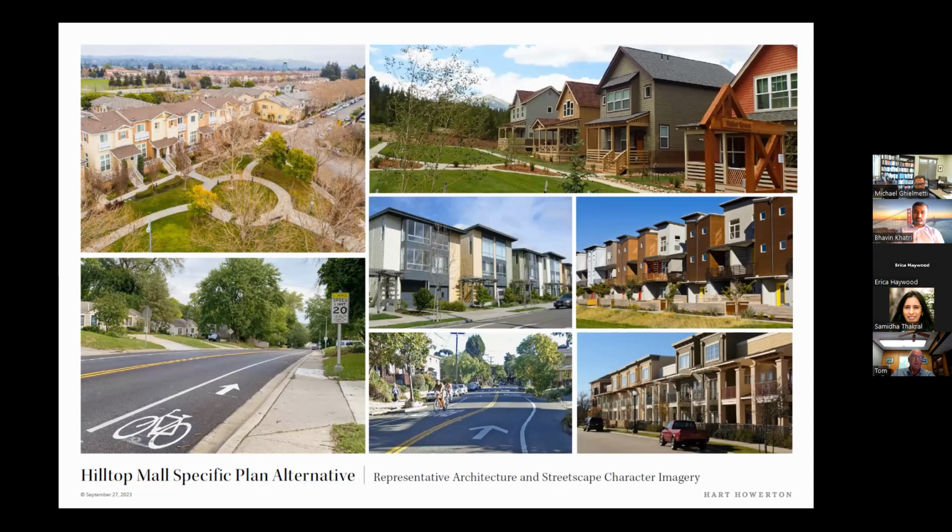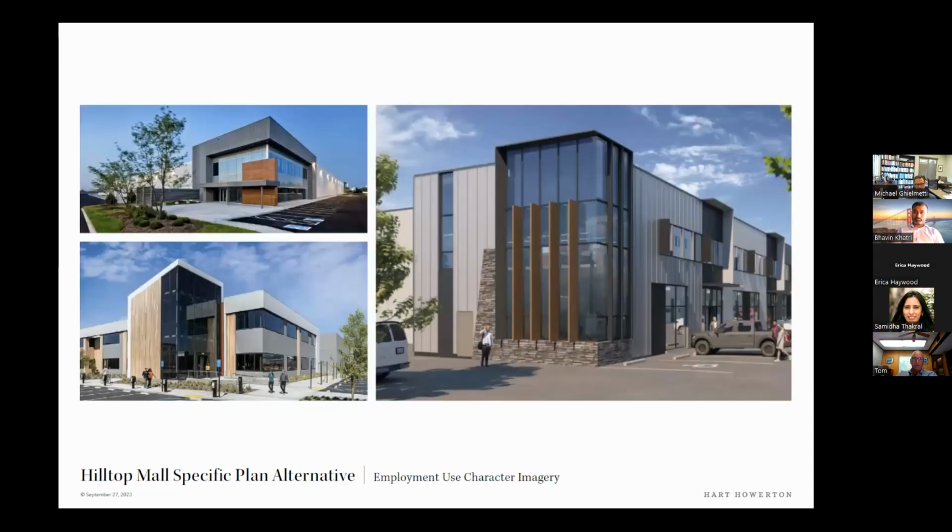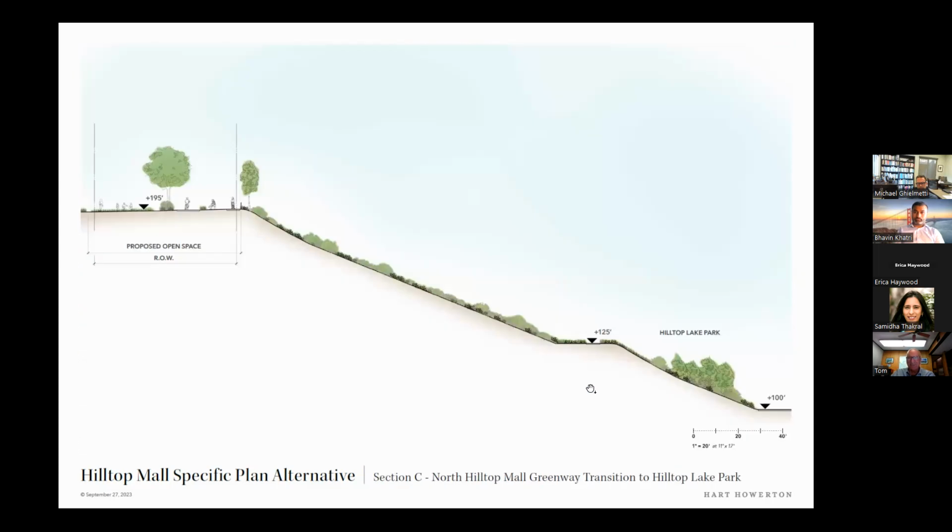And then we show how the public kind of gathering spots can interact with the front doors of the residential units. So this is just to give you a character. Then we go to the next one, which is the potential look and feel of the employment center if we proceed and go along.